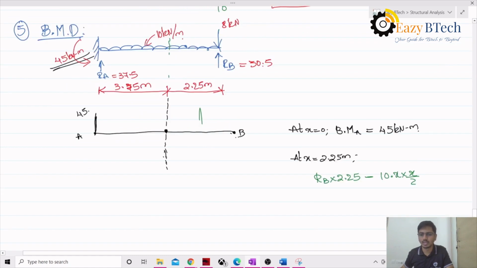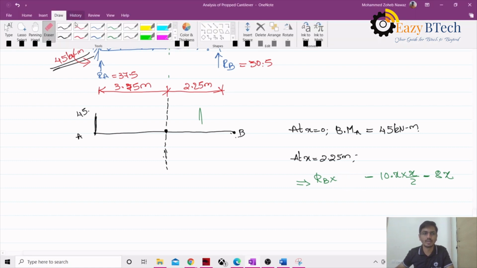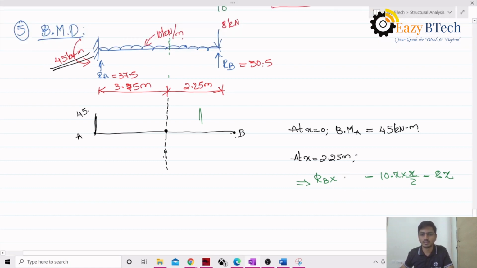So substituting this value and minus 8 kilonewton acting at a distance x. I'll also write this in terms of x so that this equation will be helpful in the future.